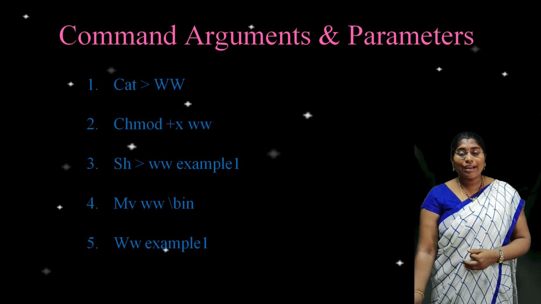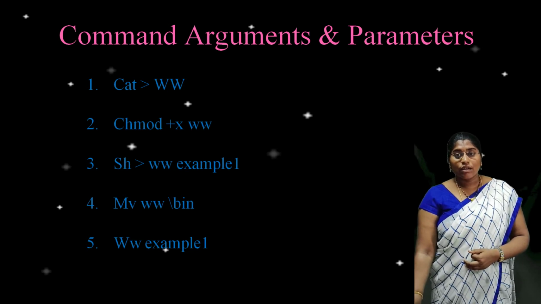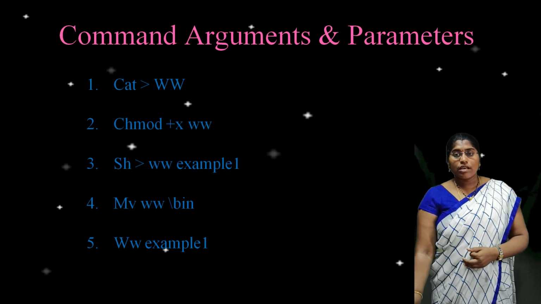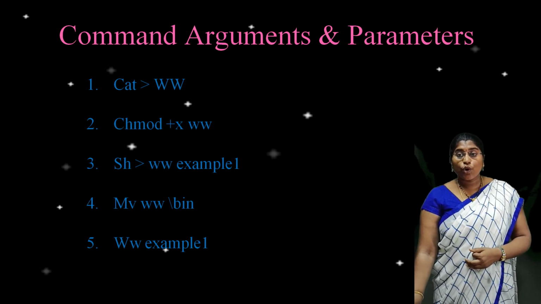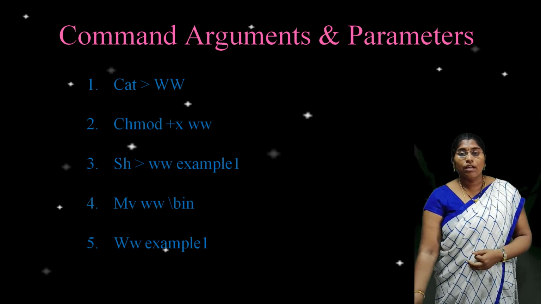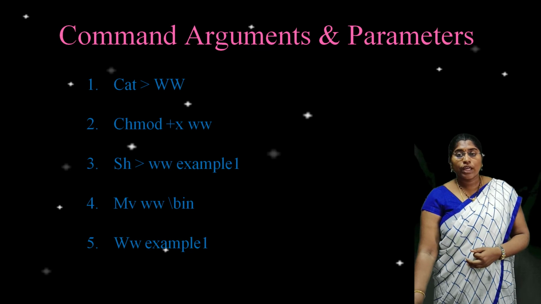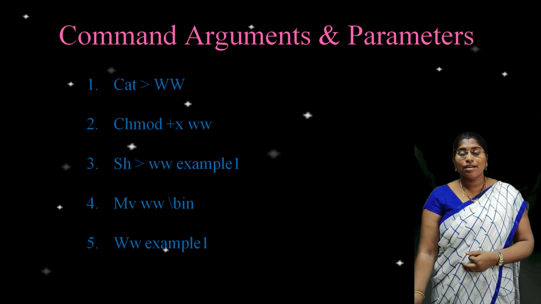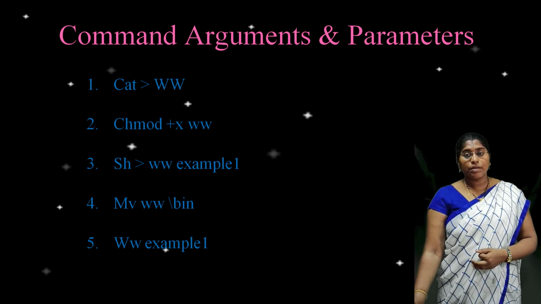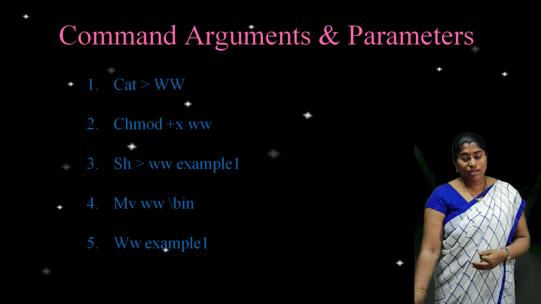Because in the command line, $1 is replaced with example1. To execute ww without using sh, it can be moved with mv ww /bin. From this step you can execute the file without using sh. Here ww example1 and ww example are the same syntax.